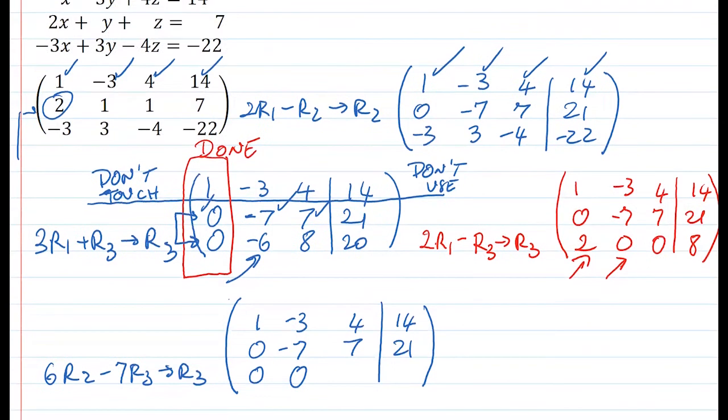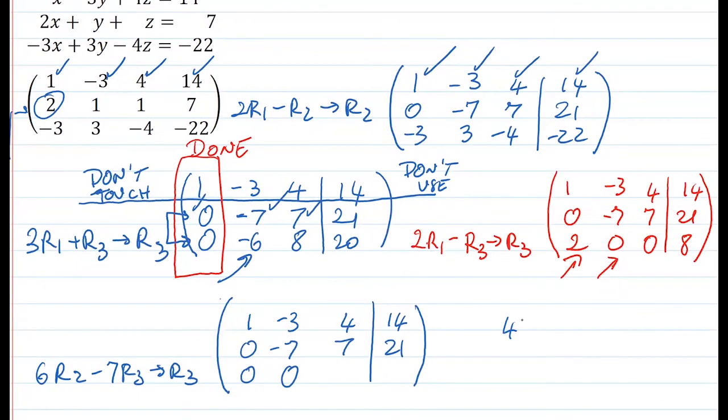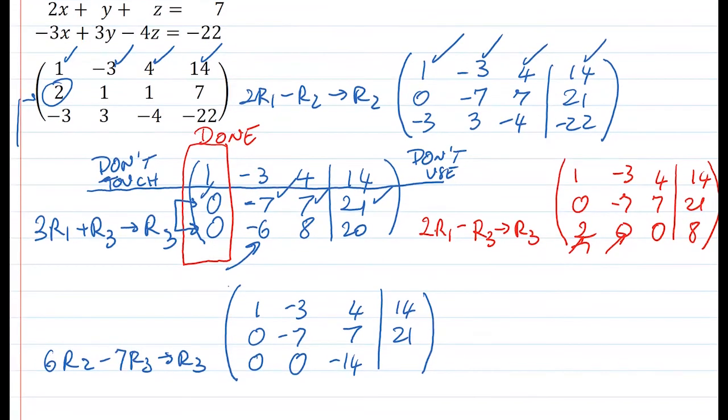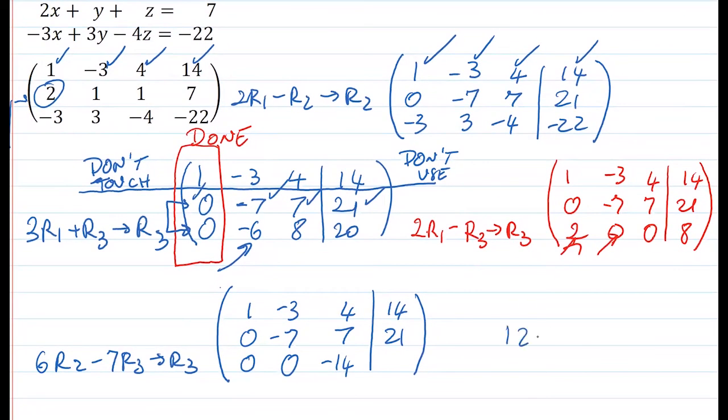Six times 7 equals 42. 7 times 8 equals 56. 42 minus 56 equals negative 14. 6 times 21 equals 126. 7 times 20 equals 140. 126 minus 140 equals negative 14. There we go. Row echelon form.